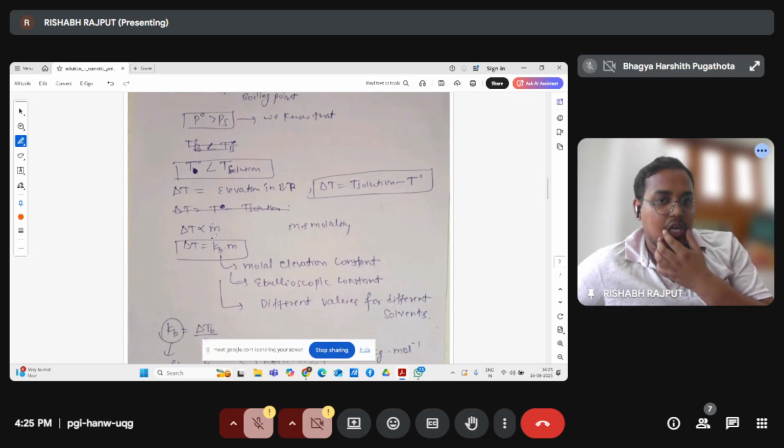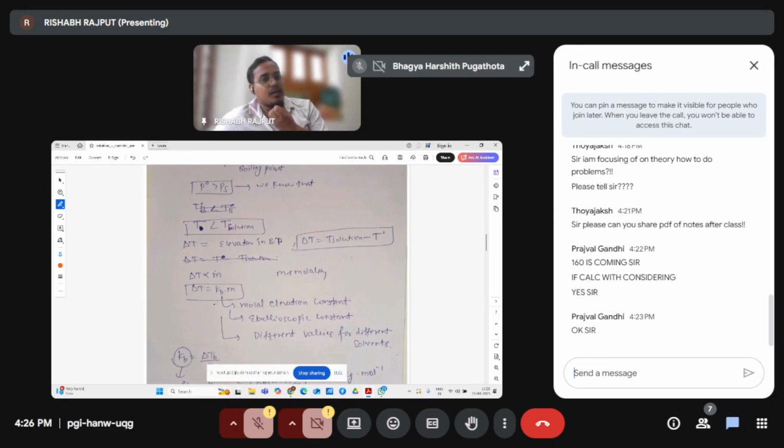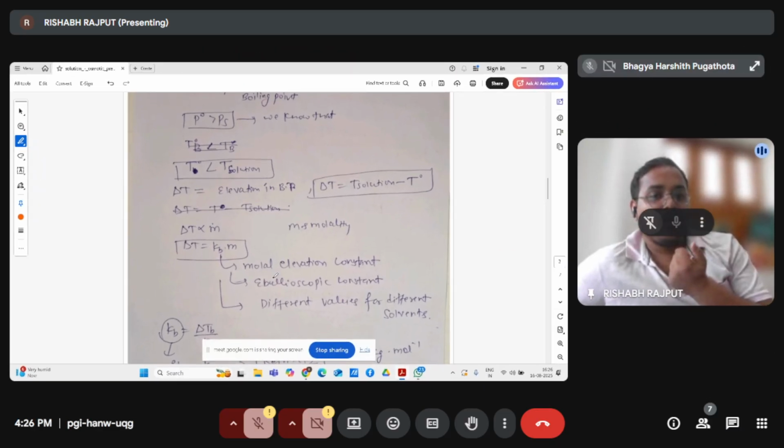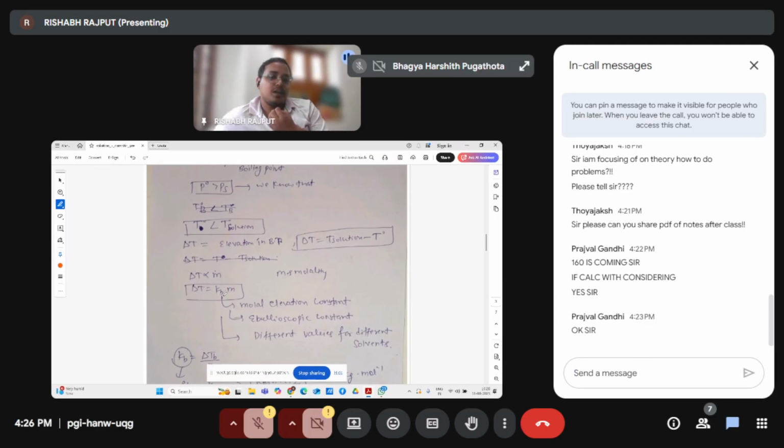If you remove the proportionality, you will get the Kb constant. This Kb constant we call the molal elevation constant, sometimes also the ebullioscopic constant. This Kb value is different for different solvents. Just like for water, the Kb value is 0.52. If you take another liquid, it will have a different value.